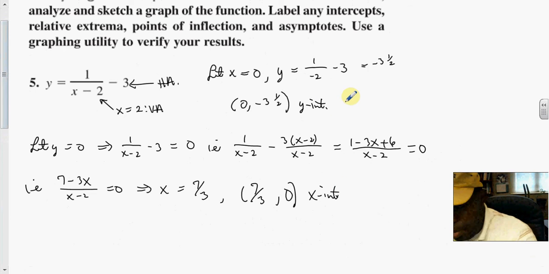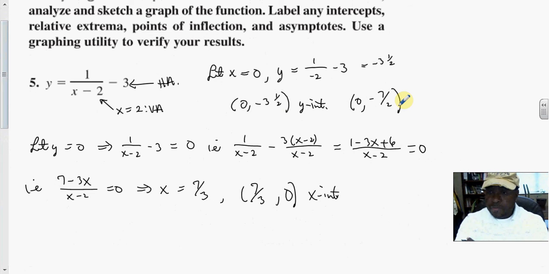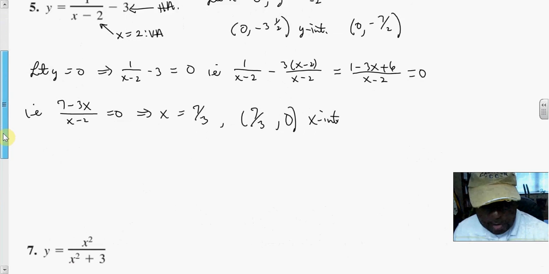And you can write this y-intercept as 0 comma -7/2. Let's see the graph.